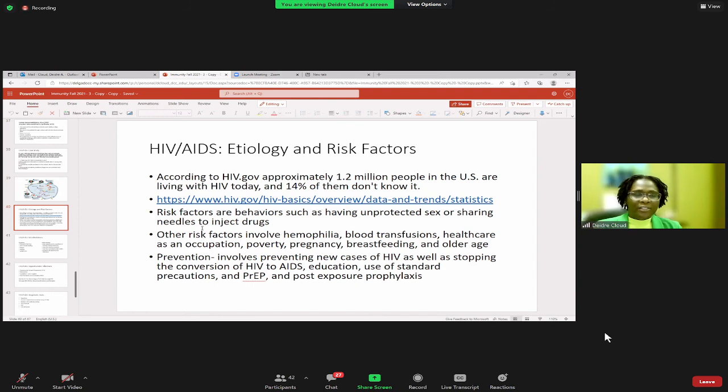In the healthcare setting, there's a low probability of you getting HIV from a needle stick, but if it happens, you can start the PrEP medication. You'll have to go to the ER after getting stuck by a needle. They'll draw your blood and the blood of the person whose needle you stuck yourself with.